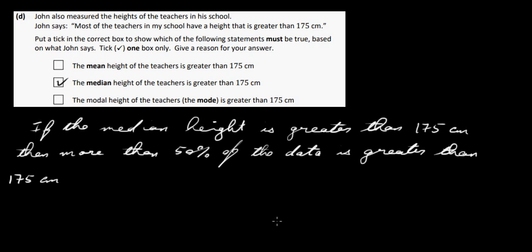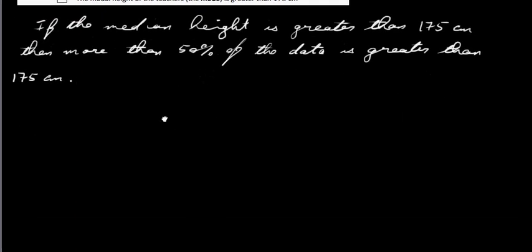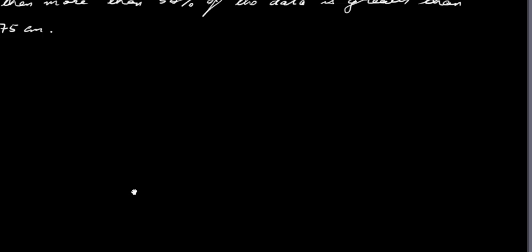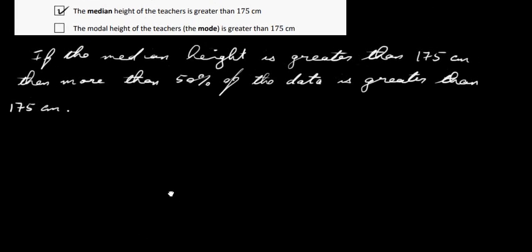So if the median height is greater than 175 centimeters, then at least 50%, or more than 50% in fact, of the data must be greater than 175 centimeters. Okay, so that's really it actually for question 1.